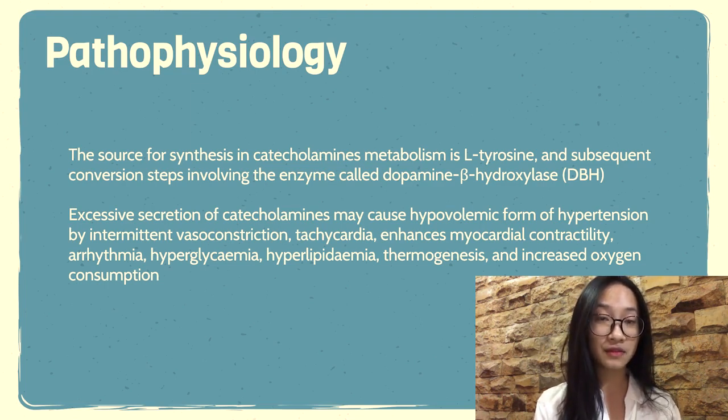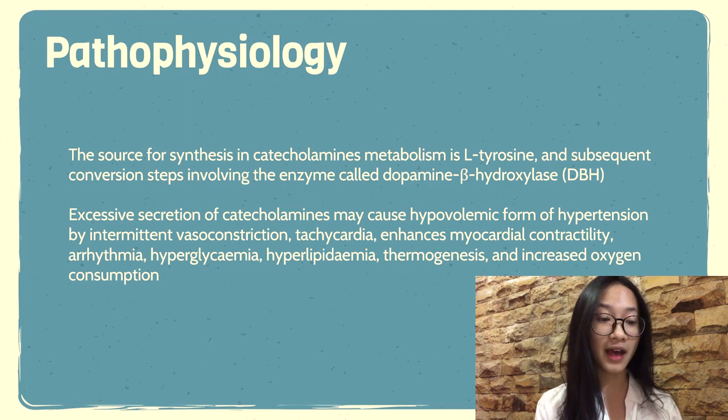However, continuous stressful stimuli, which are biochemical, physical, or emotional stressors, such as agitation, possible psychosis, can lead to a surge in dopamine level, which causes an increase in epinephrine and norepinephrine production.